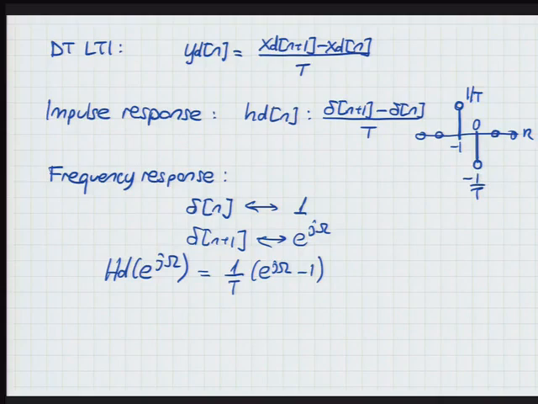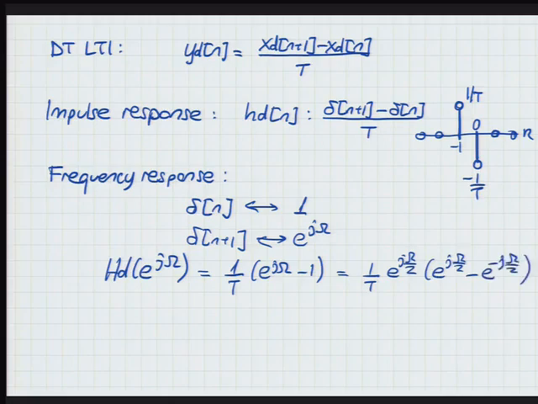Okay, so that's correct. How do you make this look like the sine or cosine? Remember our trick? You factor out e to the j omega by 2, and what is left is e to the j omega by 2 minus e to the negative j omega by 2.